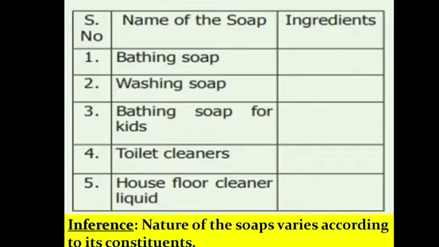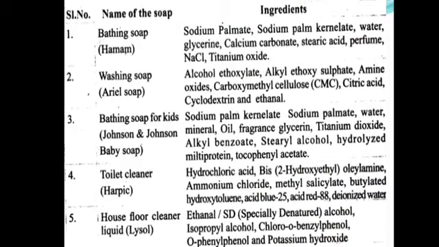Whatever soap you are using at home, you can take the wrapper and write down the ingredients. I have given you here some examples. You can see here I have mentioned the name of the bathing soap and the ingredients used in that. The same way I have done for all the others.